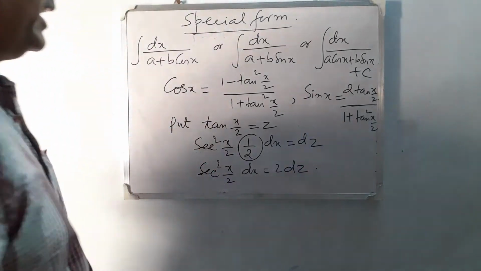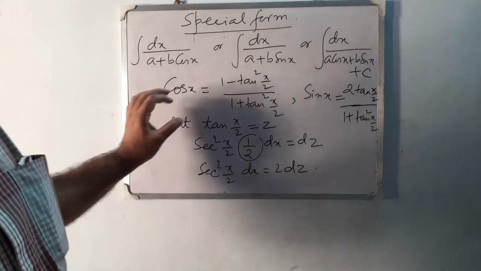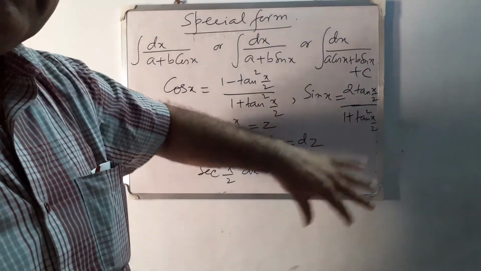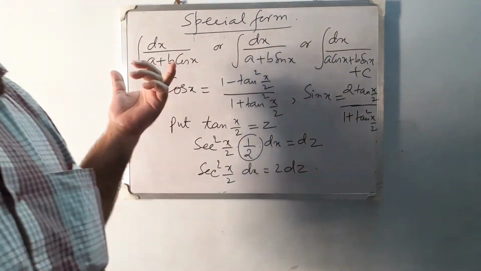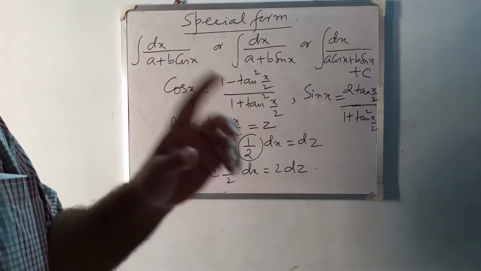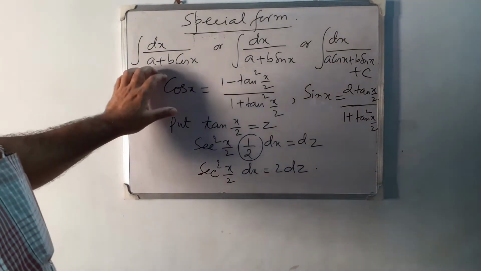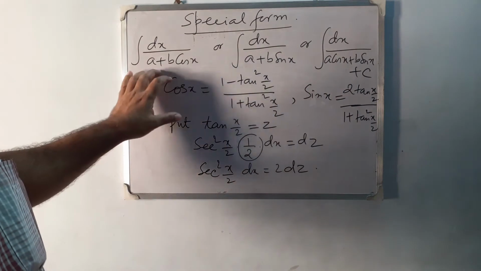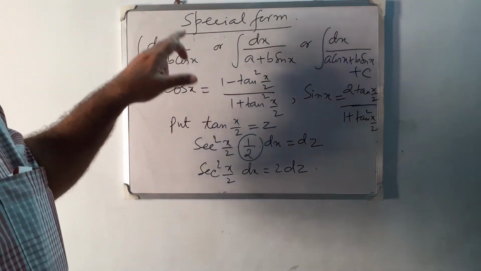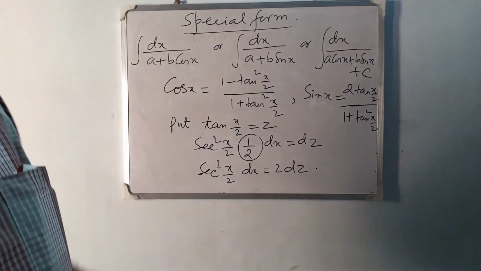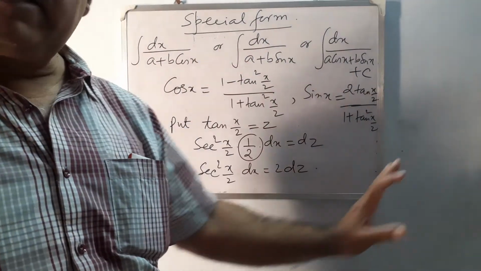Now boys, if you take this substitution after converting cos and sine in terms of tan, your integration will be easily integrable. Now one more thing you must keep in mind, for these two problems, if we may have cos x or cos 2x or cos 3x or whatever it may be, you have to convert in terms of tan.